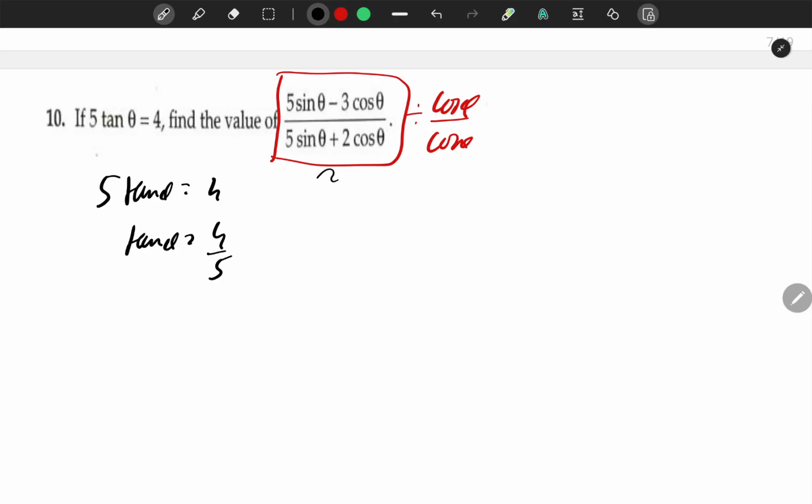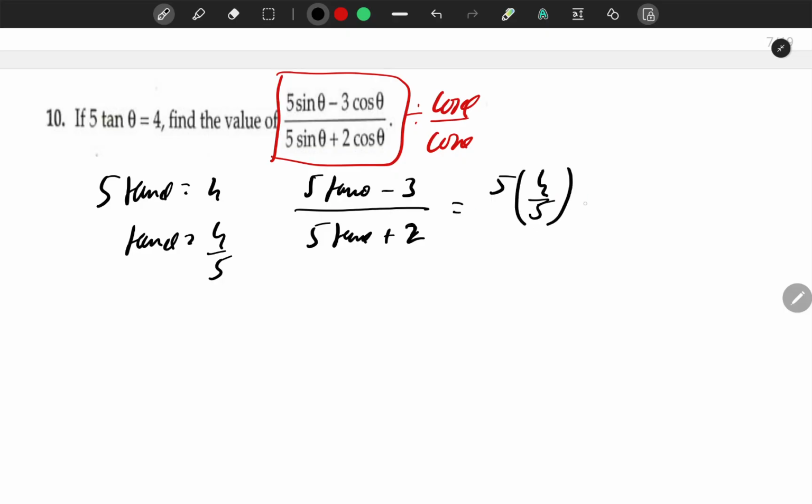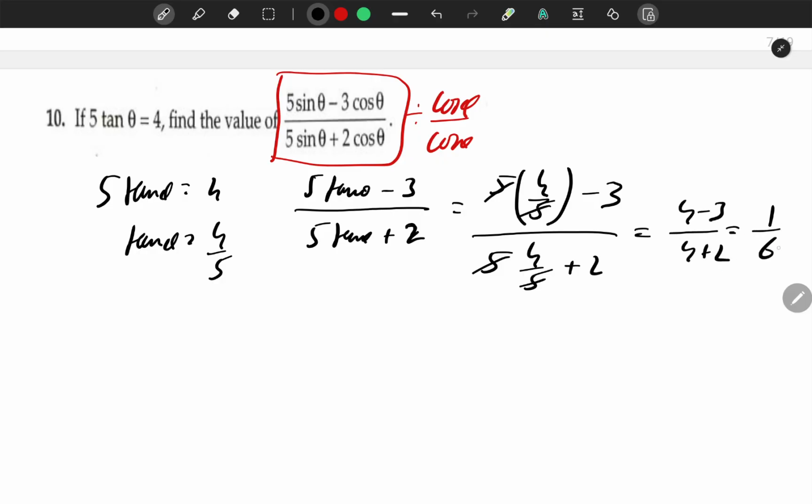So sin by cos is tan, cos by cos is 1. 5 into tan theta plus 2. So 5 into tan theta value 4 by 5 minus 3 by 5 into tan theta, which is 4 by 5, plus 2. 5 5 gets cancelled, 5 5 gets cancelled. 4 minus 3 by 4 plus 2, that is 1 by 6.